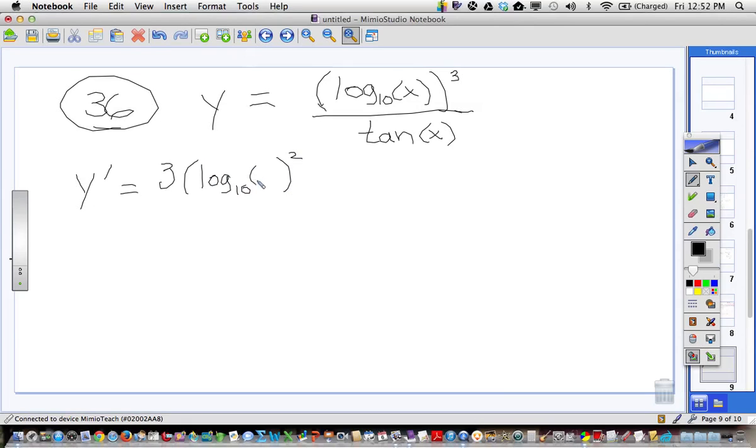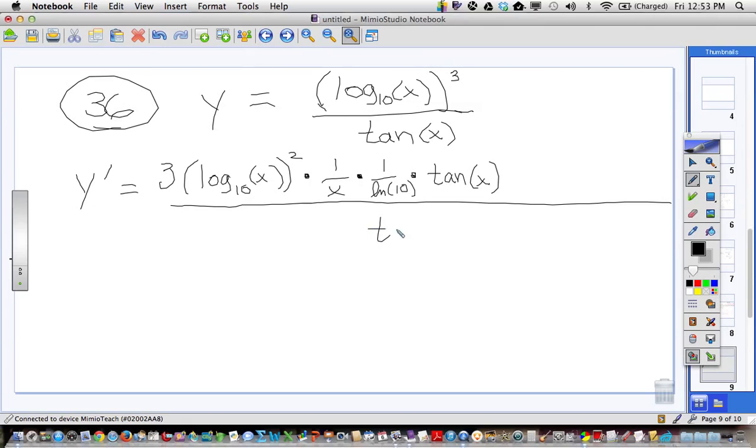Log base 10 of x times the derivative of the inside, which is 1 over x times 1 over ln 10, that's the rule for log of another base. Times, don't forget the derivative of the bottom, that would be easy to do. And while I'm at it, I'm going to put my big old bar here so I don't forget to do the derivative of the bottom. The bottom squared, which would be tangent squared. Okay, I won't forget that.